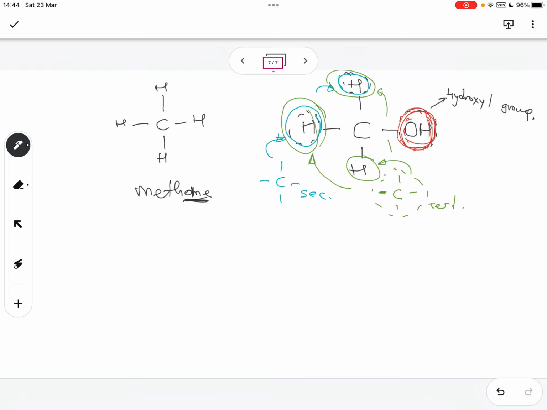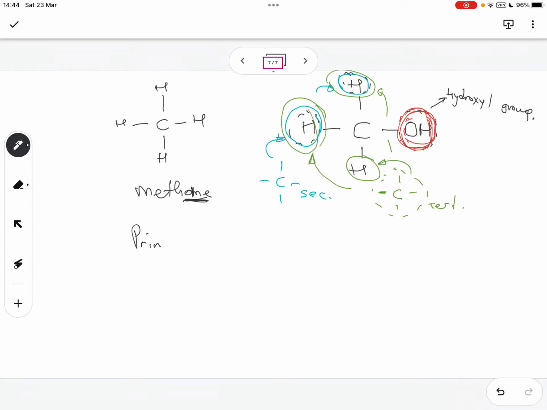Alright, cool. So there can be a functional group attached to these different types of carbon atoms. There are three possible types of carbon atoms for an alcohol. A primary carbon atom is attached to only one other carbon atom.